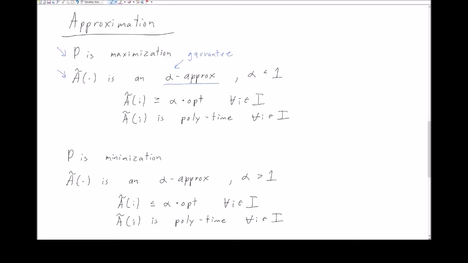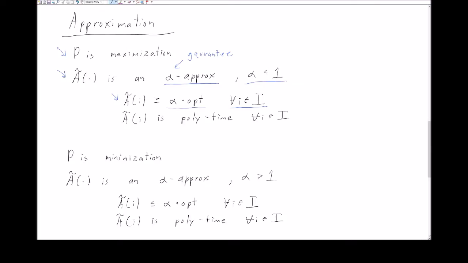In a maximization problem, alpha is going to be less than 1. Our approximation algorithm, A tilde, when it's applied to any input, that is any instance, is going to achieve a solution that's at least alpha times the optimal solution.